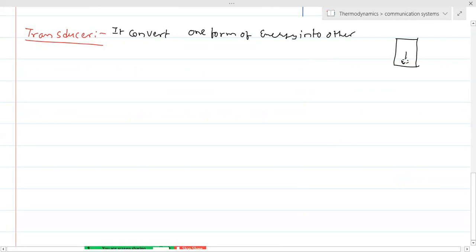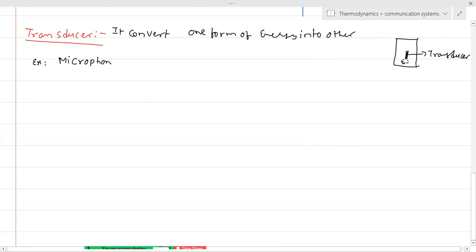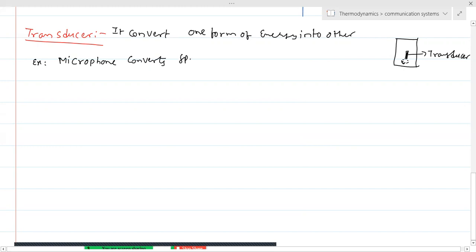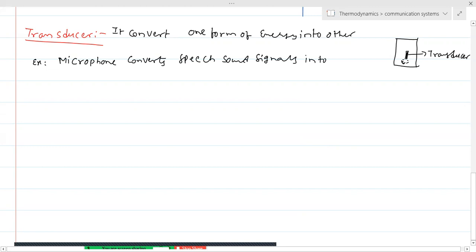That speaker is connected to the transducer. The duty of the transducer is to convert the audio signal into electrical signals. Actually it is a small part of the microphone. So we take the example of the microphone in our mobile, which converts speech sound signals into electric signals.